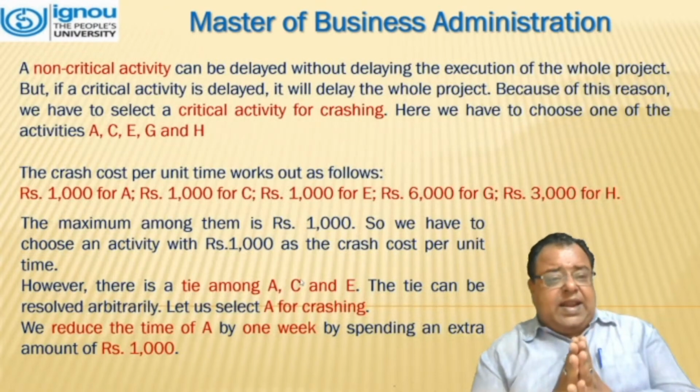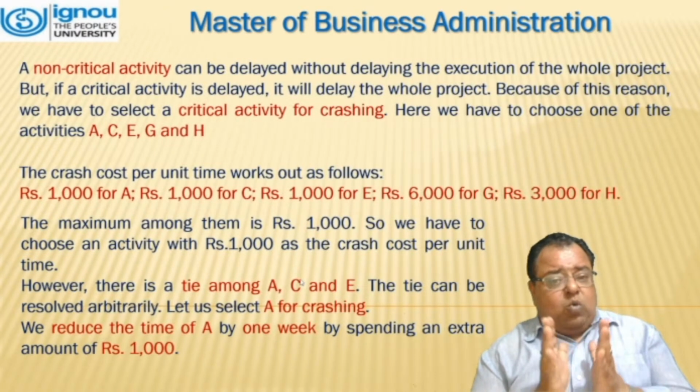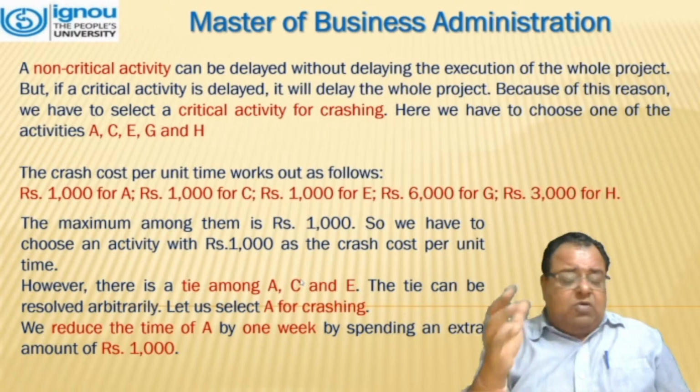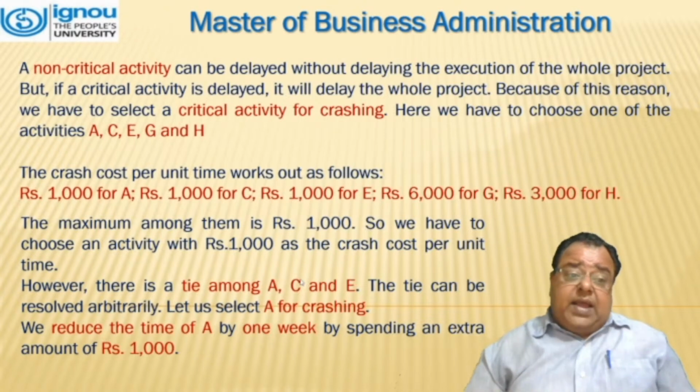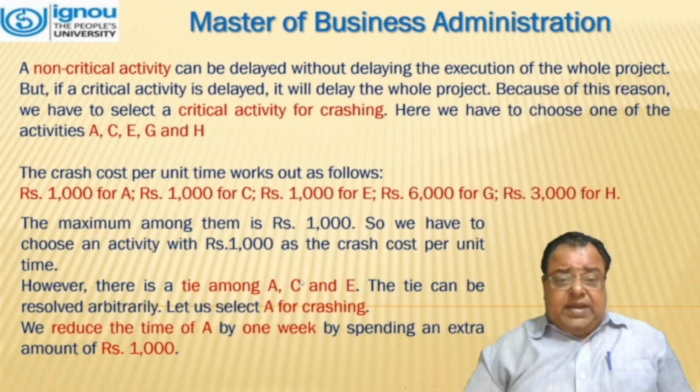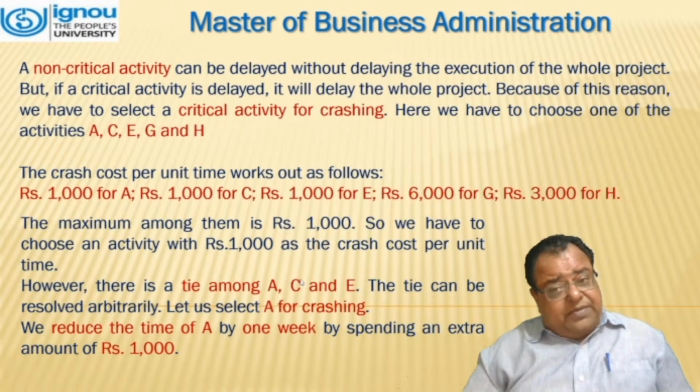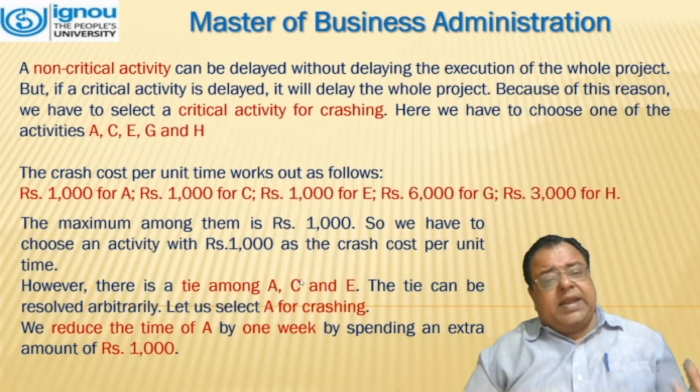A non-critical activity can be delayed without delaying the execution of the whole project. But if a critical activity is delayed, it will delay the whole project. Because of this reason, we have to select a critical activity for crashing.